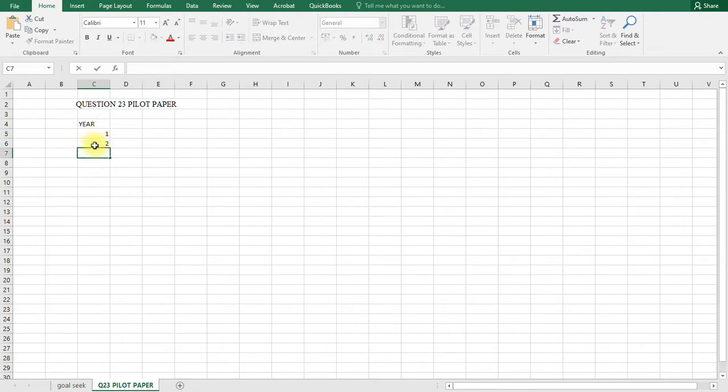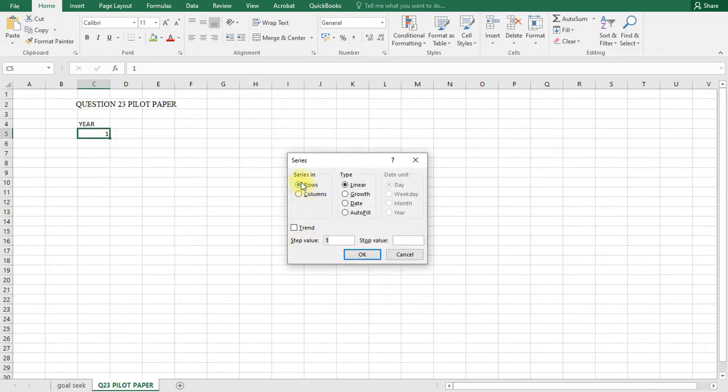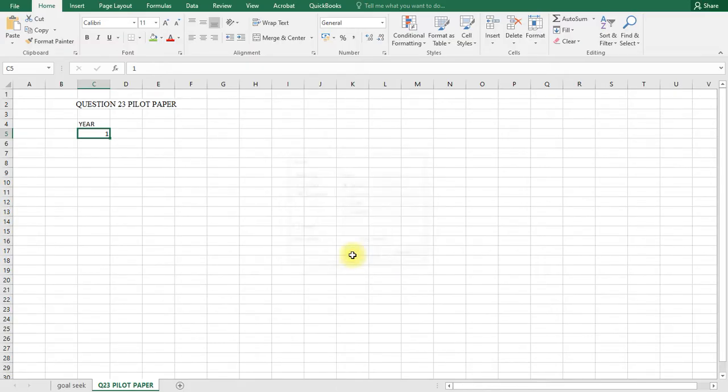I can use this, right click, drag down one step, coming back one step, and release, and you use a series whereby we are dealing with a column and the step is 1, and we need to stop at 12, and you put OK. So it will autofill that to 12 years.